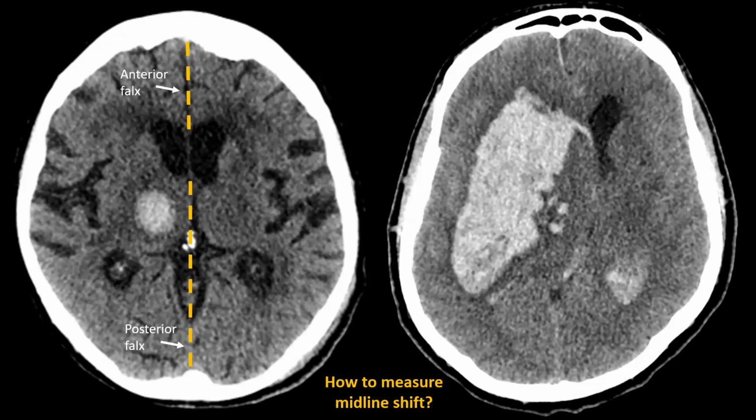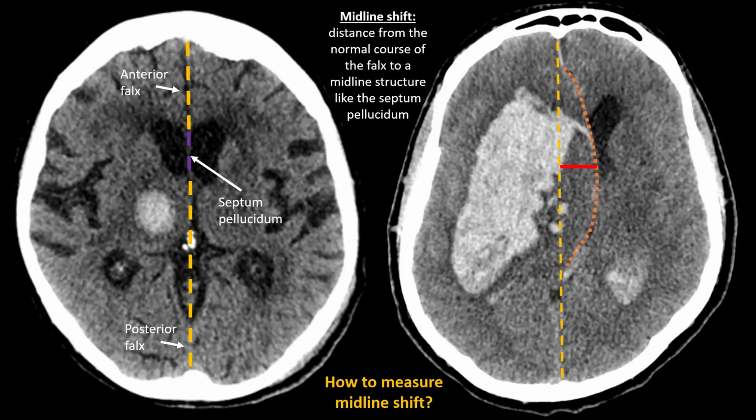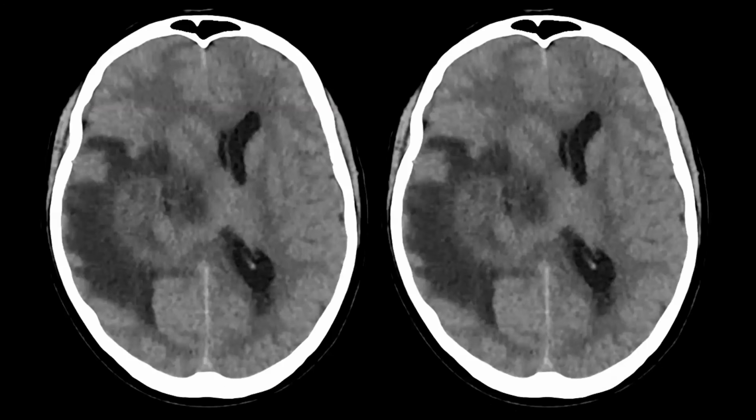The easiest one for me is to draw a line along the course of the falx, or where the falx should normally be located. Locate a certain midline structure, often the septum pellucidum, and see if there is any deviation. In this case, there isn't. In this case, quite obviously, there's a deviation to the right side. So that's how I measure it, but in the literature you'll find other methods.